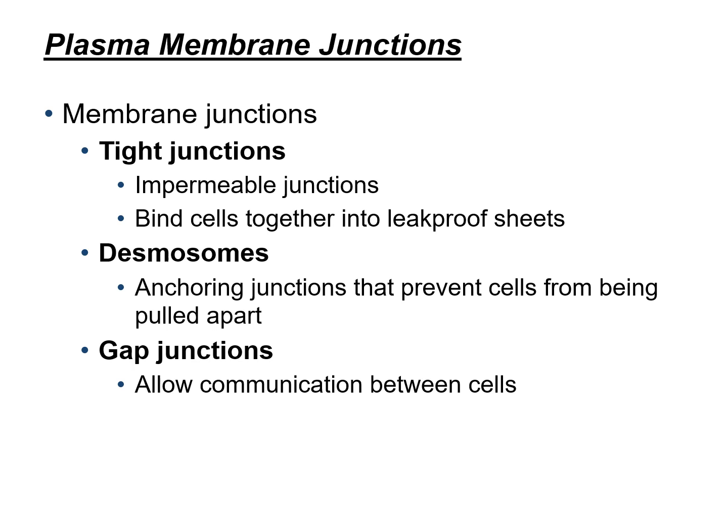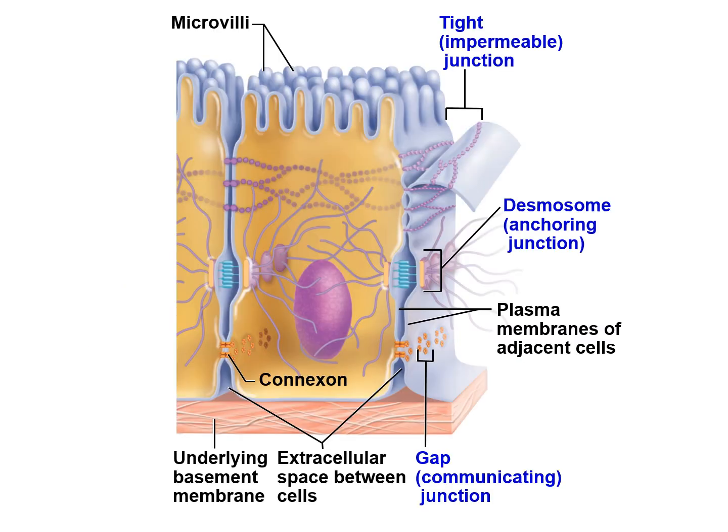Desmosomes are the junctions that anchor, that bind the cells to the neighboring cells or to the base. While gap junctions are like windows. Gap junctions allow free communication. They allow things to move in and out between cells. This figure illustrates the three types of membrane junctions that we have just covered: the gap junctions, the tight junctions, and the desmosomes.